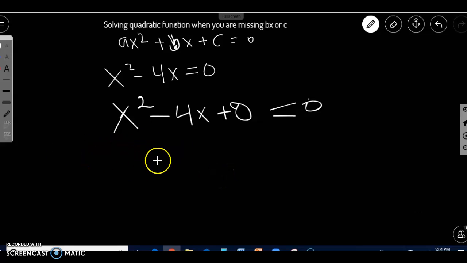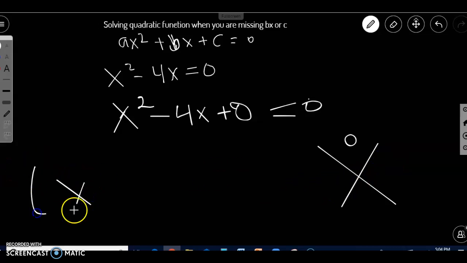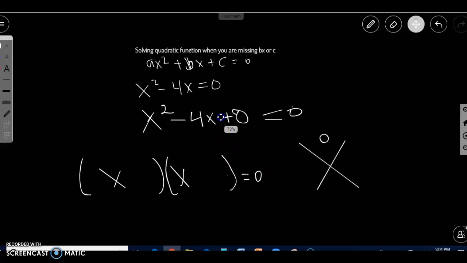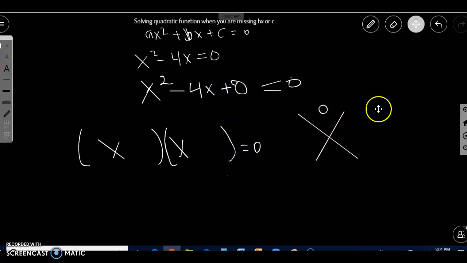If you still remember my previous video on solving by factoring, we are going to use the crisscross method, whereby you put your constant here. The constant here is 0, and we are looking for two numbers that multiply to give us 0, and when we add, we get -4.